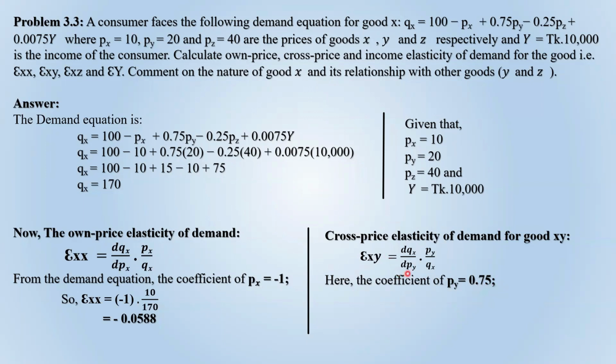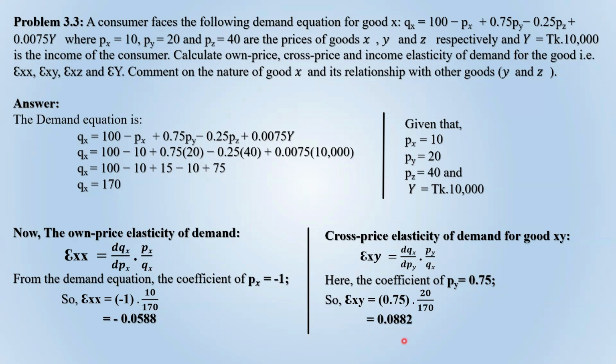So obviously the value of dQx divided by dPy will be 0.75. If we put this value in this equation, we will get our epsilon xy, which is 0.0882.